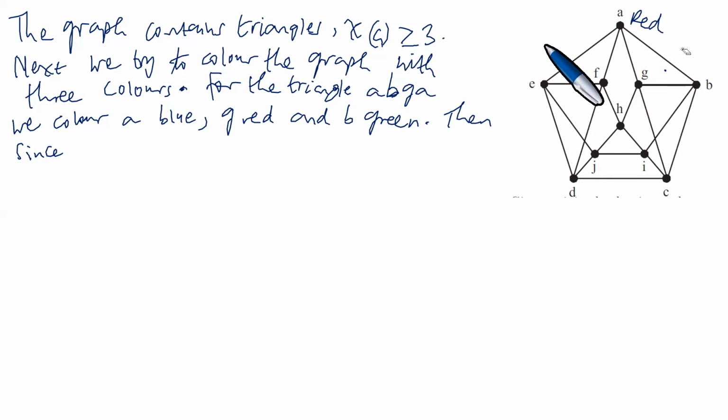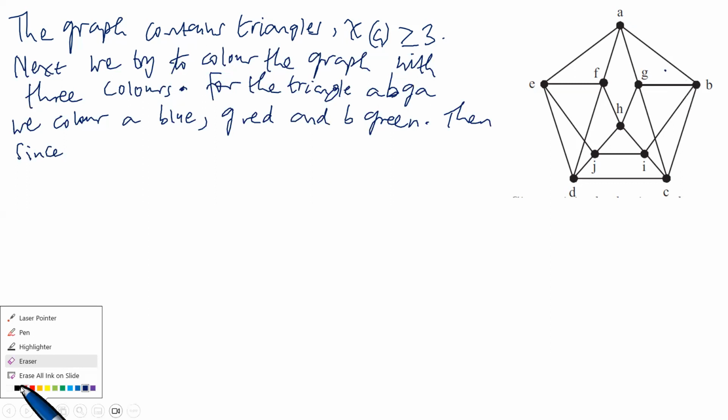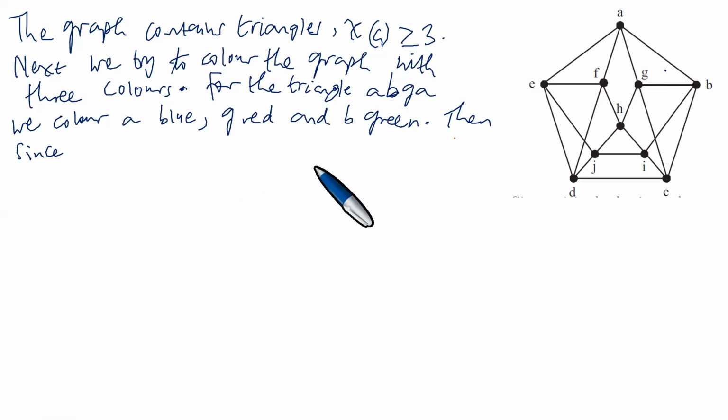Yes, we color A blue. So we color this one blue, G we call red, and B we call green. Okay, like that.